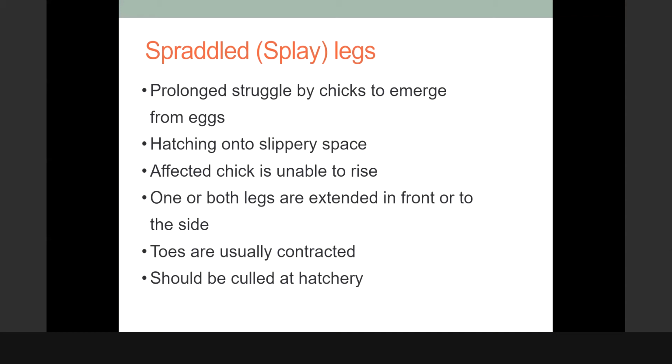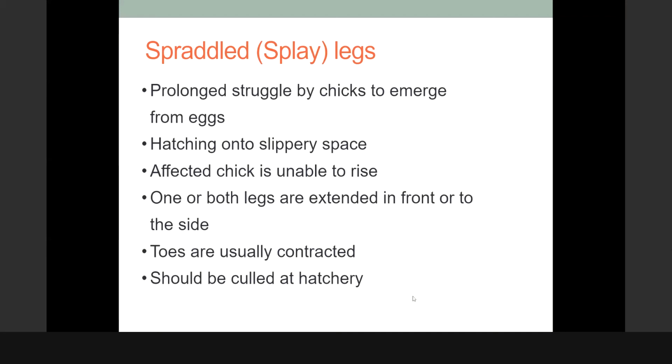Usually you won't see them at the farm level, unless the supply is so little and the demand is high, and sometimes they just give whatever they have to the broiler farm. So some of these chickens will end up in the farm as well.